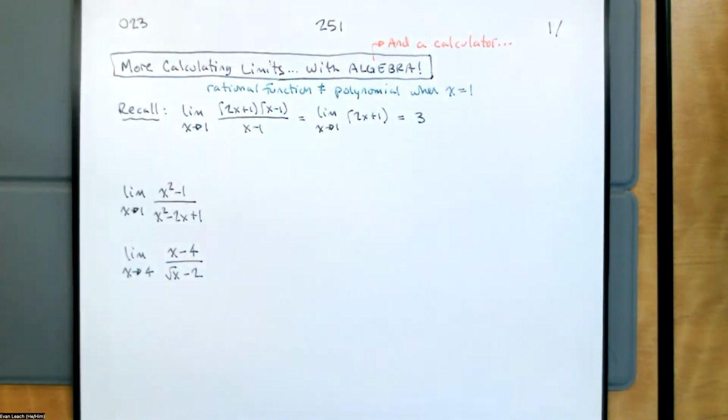But we're calculating a limit, so we only care what's happening near 1, not at 1.